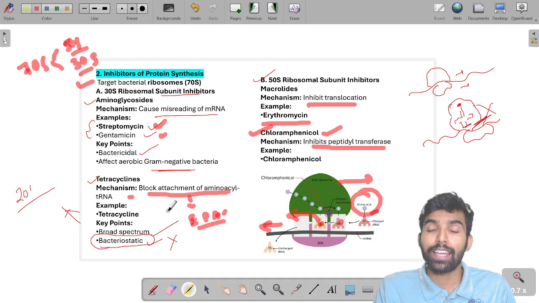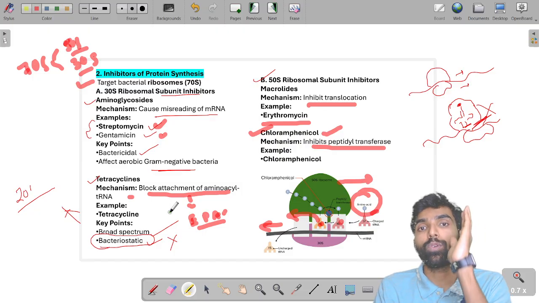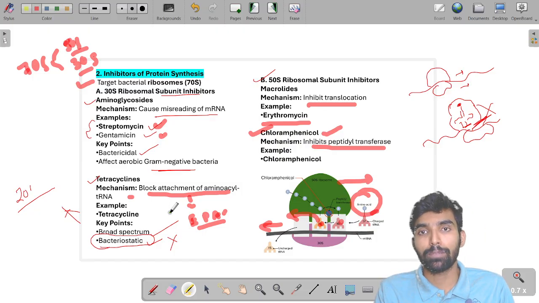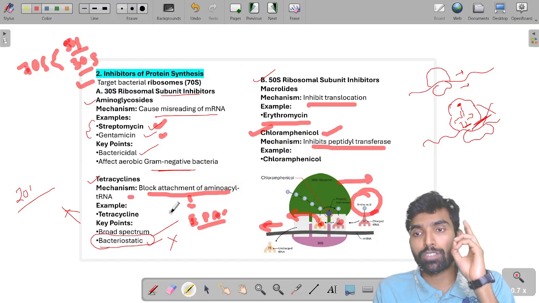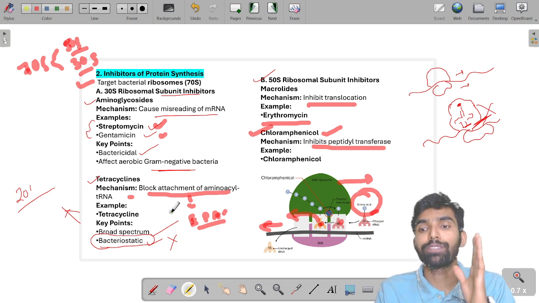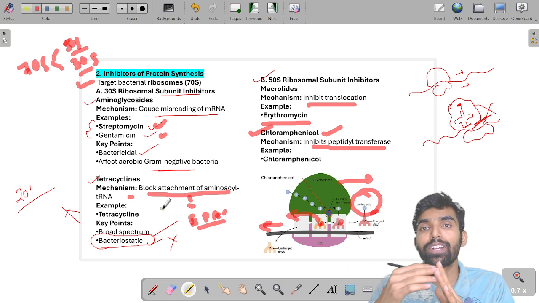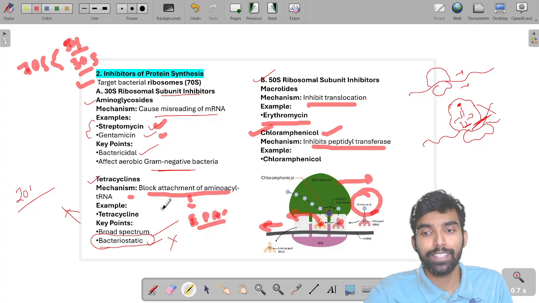And the second category is that which works on the 50S ribosomal subunit, majorly erythromycin, that inhibits translocation, and chloramphenicol, that actually blocks transpeptidation. Okay, next.